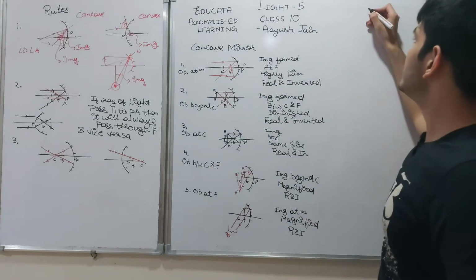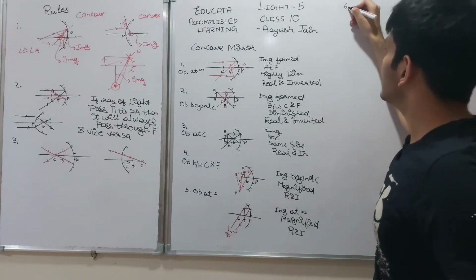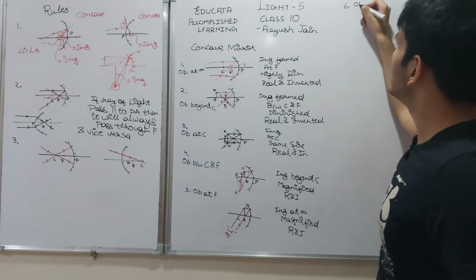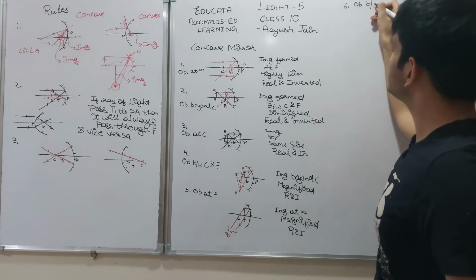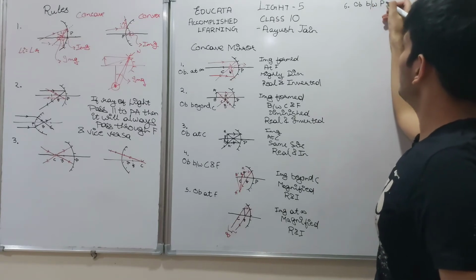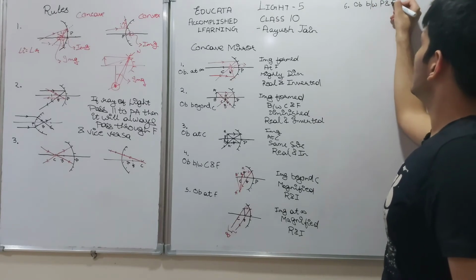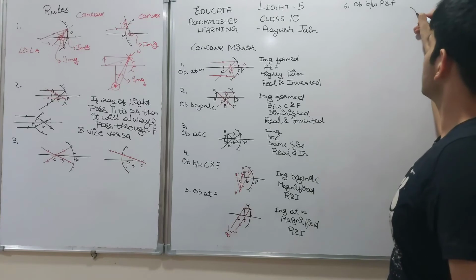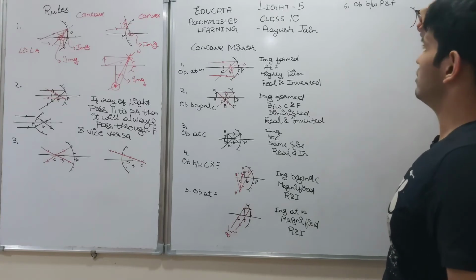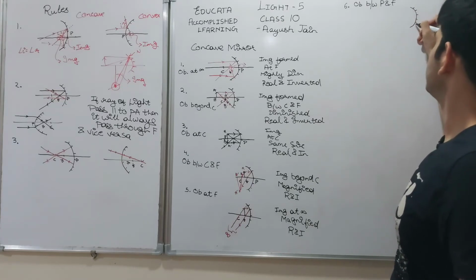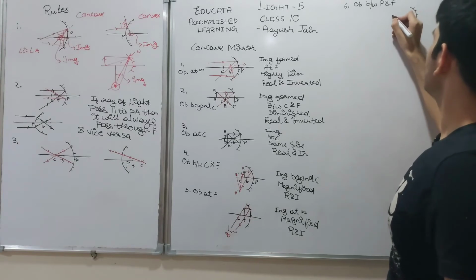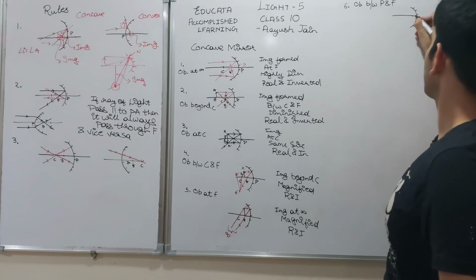Yes, we can. The sixth case is the object between pole and focus. So again drawing this particular mirror over here, and this is the principal axis.